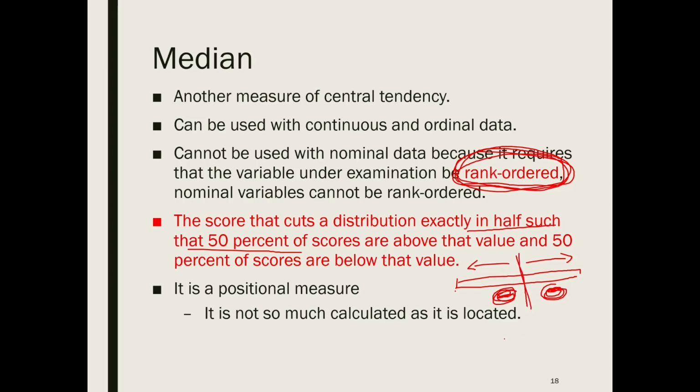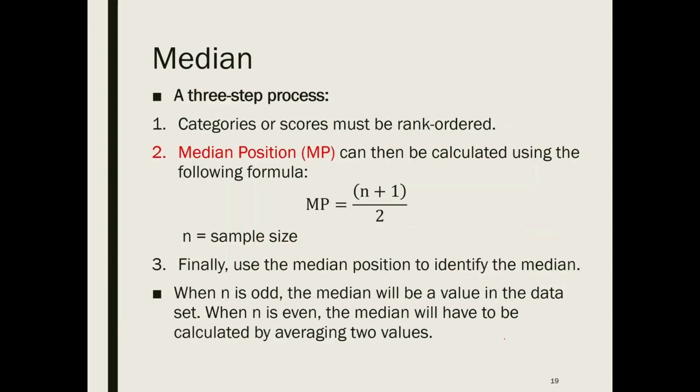The first thing you need to know is that the median is really based on rank. The categories or scores need to be rank ordered, so you have to reorder those numbers or categories, whether from high to low or low to high.